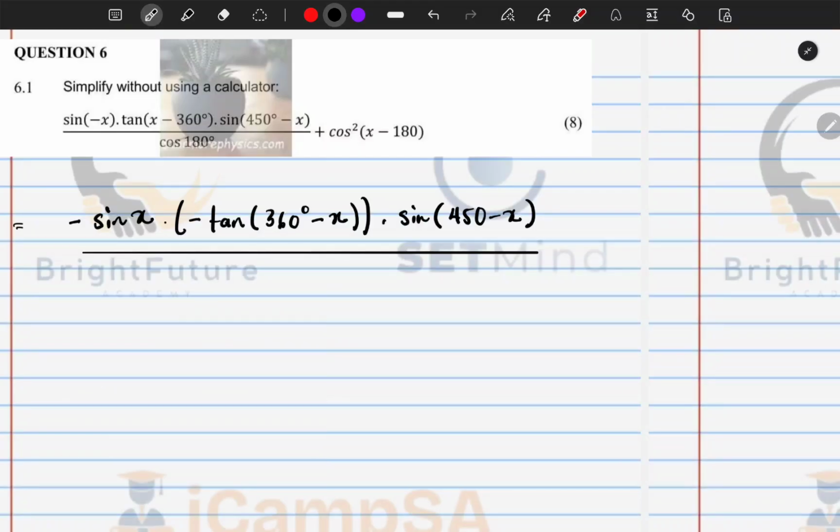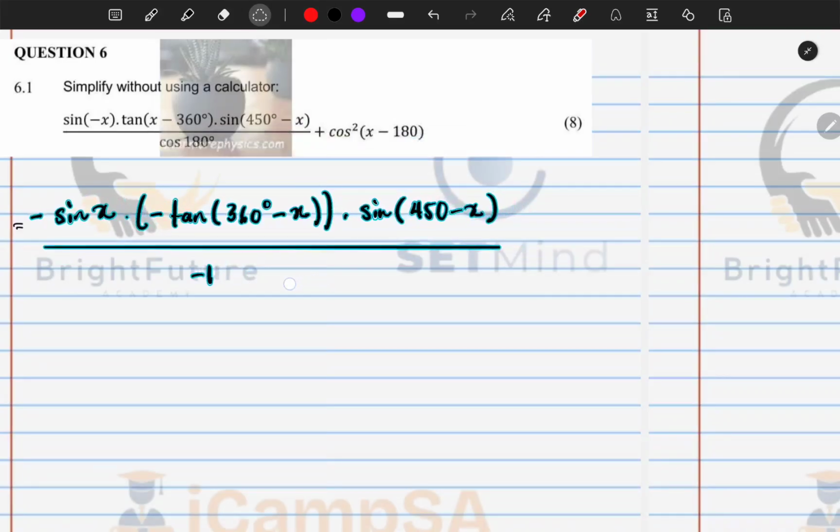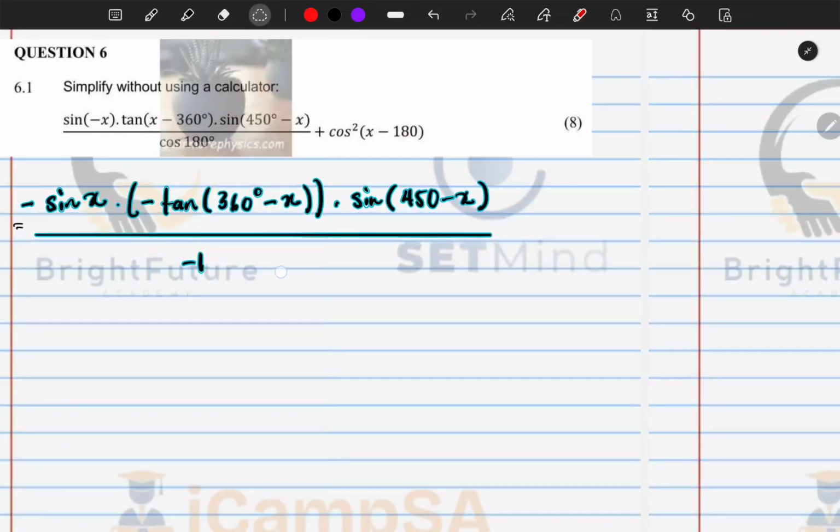So cos of 180 is just -1. We are running out of space, so let me bring this here, and then plus cos squared of x minus 180 degrees.